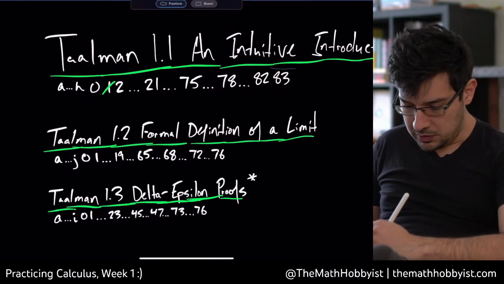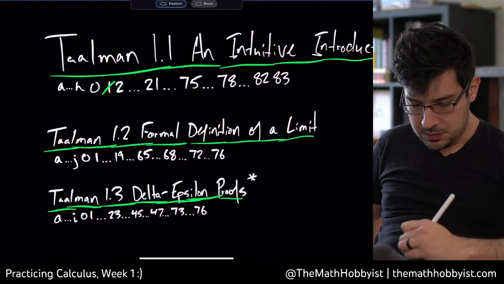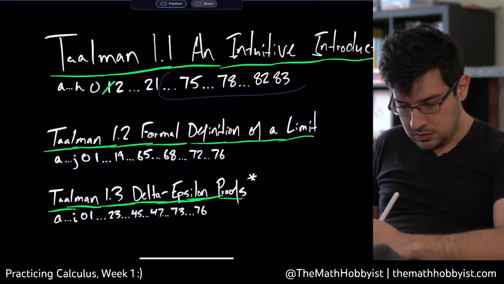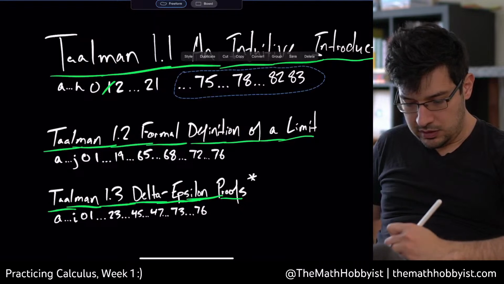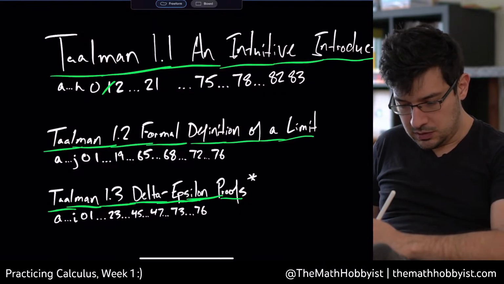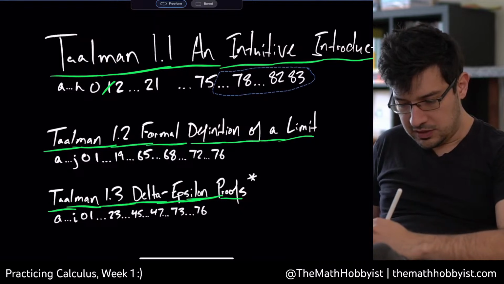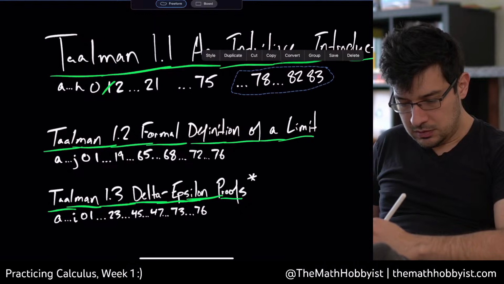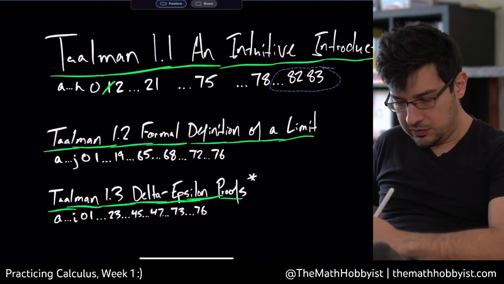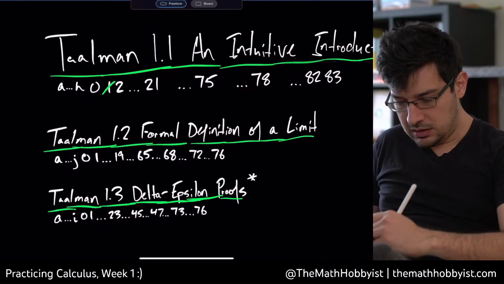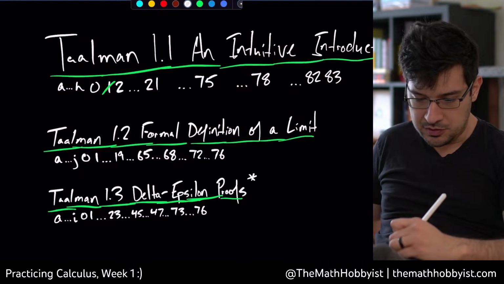Since we are going to work on 21 today, let's give space for 22. While we're at it, let's give space for 76, and let's give space for 79. I don't know if we're going to get that far, but hey, no problem in just writing them.